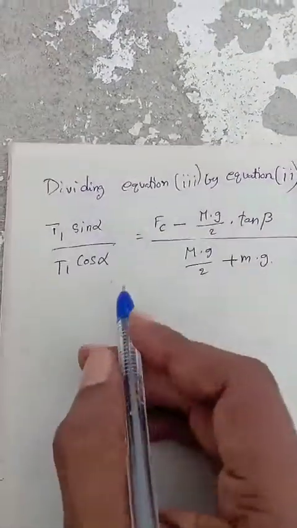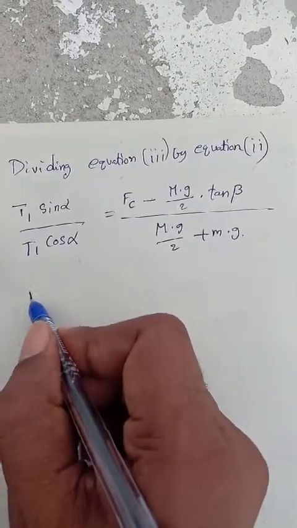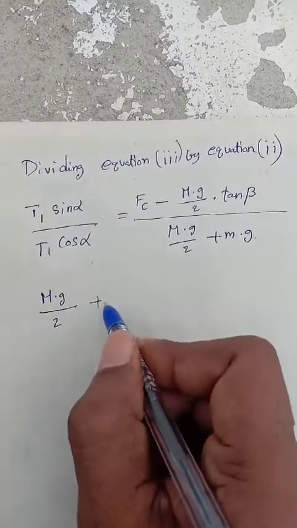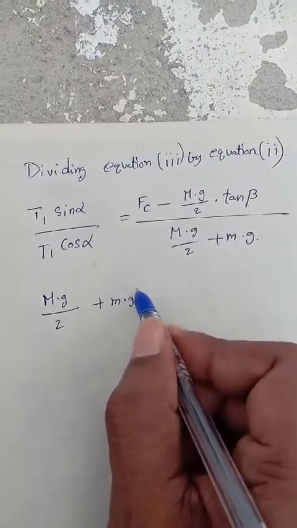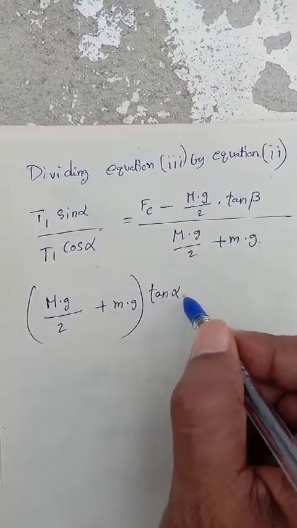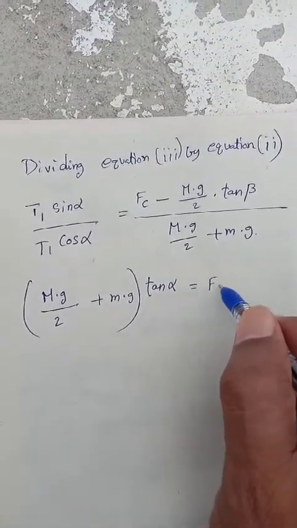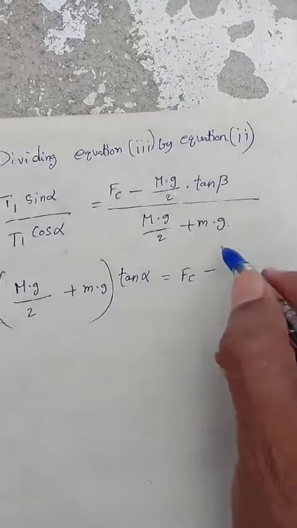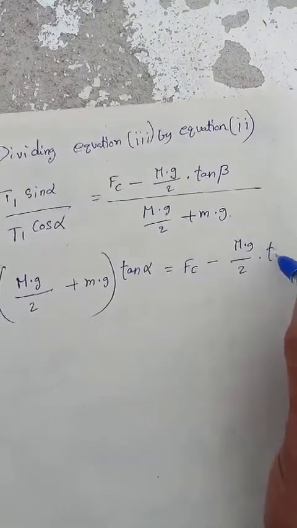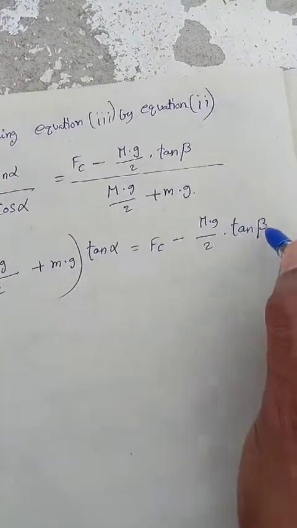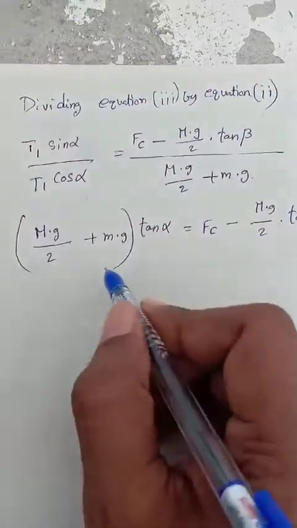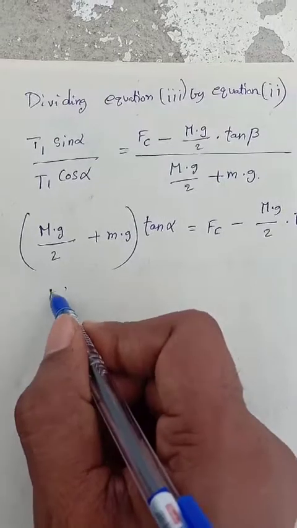Now we solve this: capital M into G divided by 2 plus M into G. So tan alpha is equal to Fc minus M into G by 2 into tan beta, and we simply take this inside. Now calculate this, solve this.